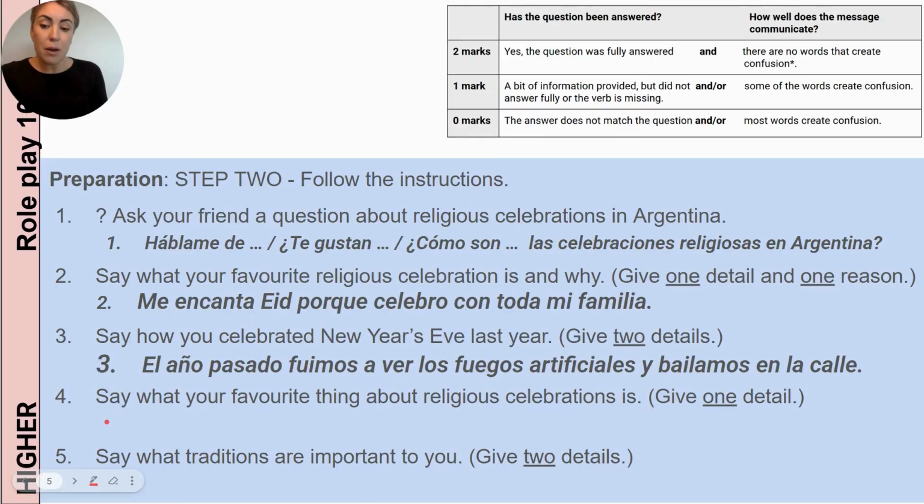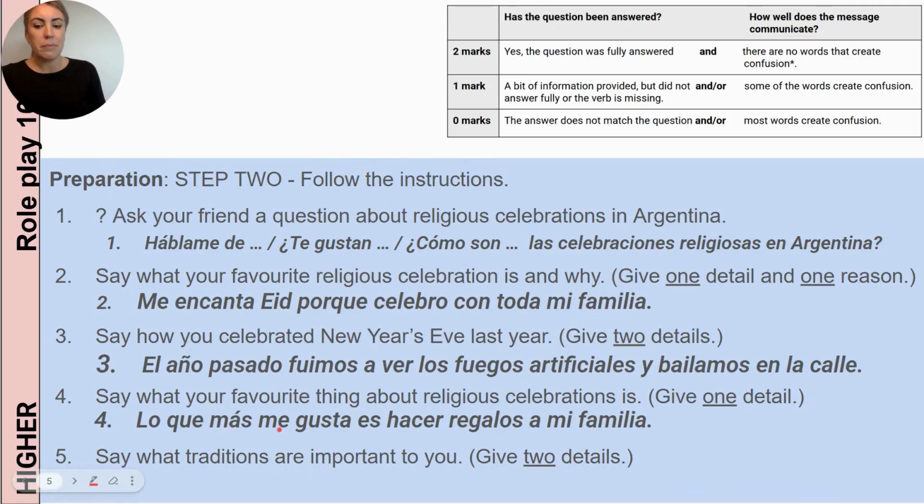Number 4, say what your favorite thing about religious celebrations is. 1 thing only. Okay, so what is it? Lo que más me gusta hacer, which is a higher sentence, what I like to do the most. Lo que más me gusta es hacer regalos a mi familia. So what I like the most is giving presents to my family. Muy bien.